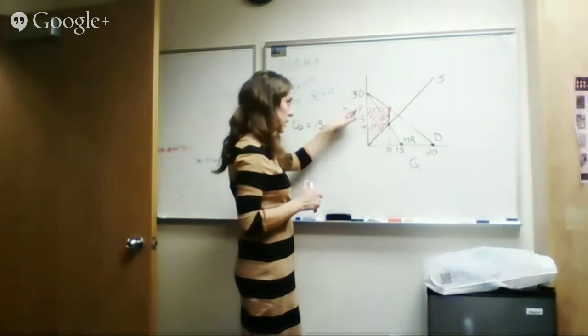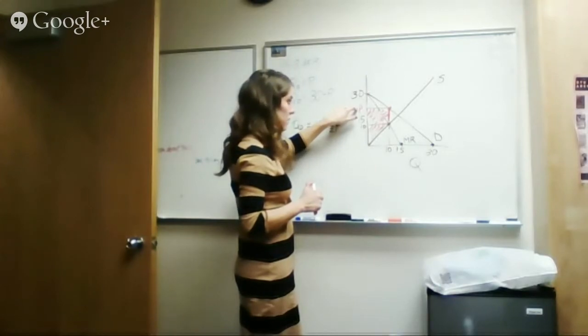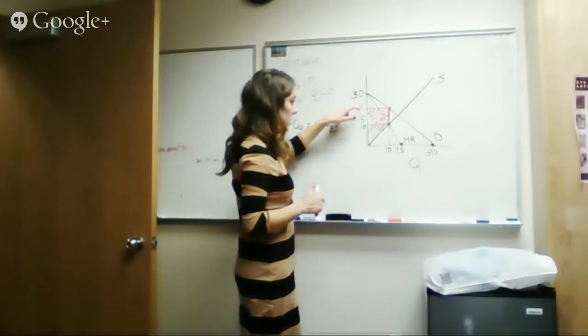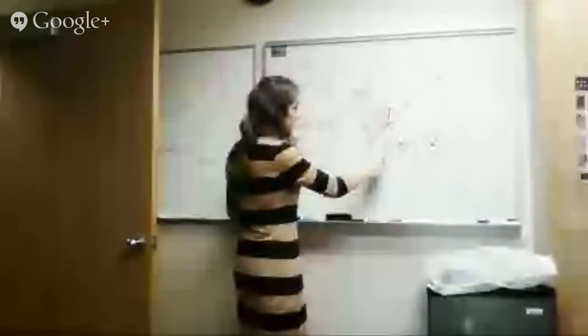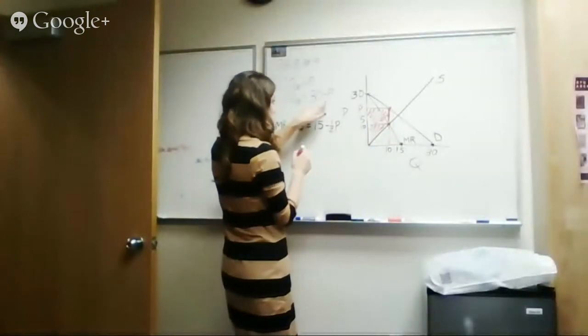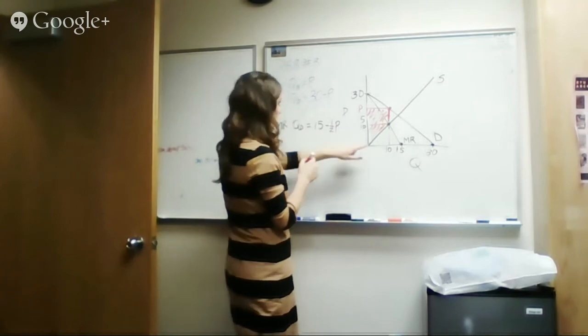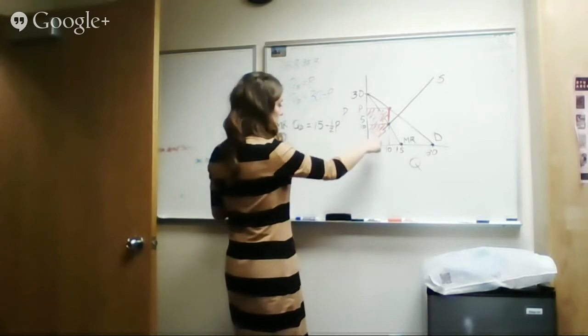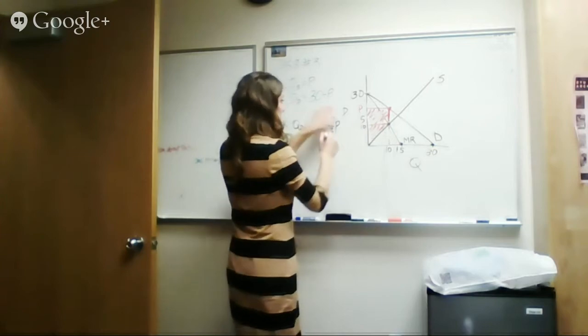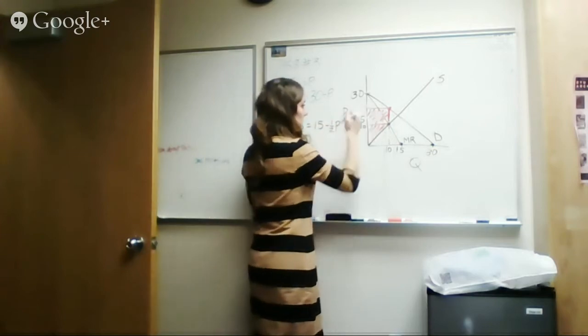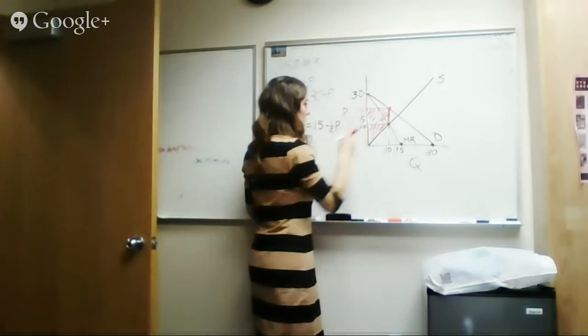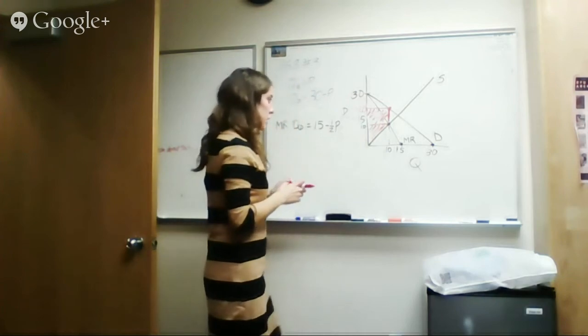So then you need to determine what this P value is, this price value. You would do that by plugging 10 into your demand curve, so you would get 30 minus 10. So you would get 20 over here for the price that the monopoly is going to charge.